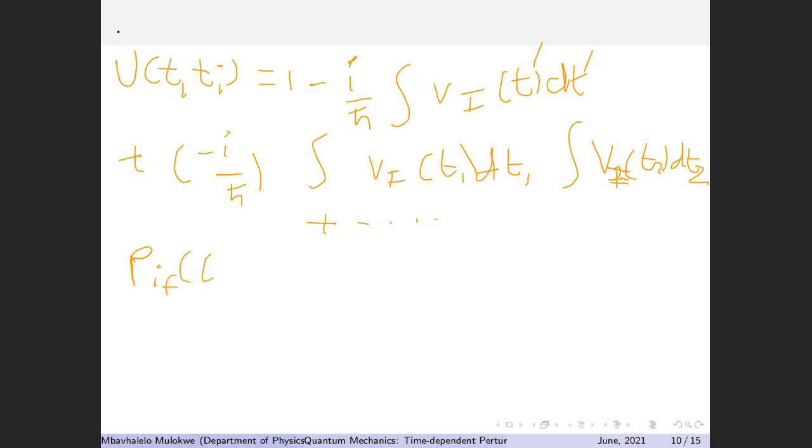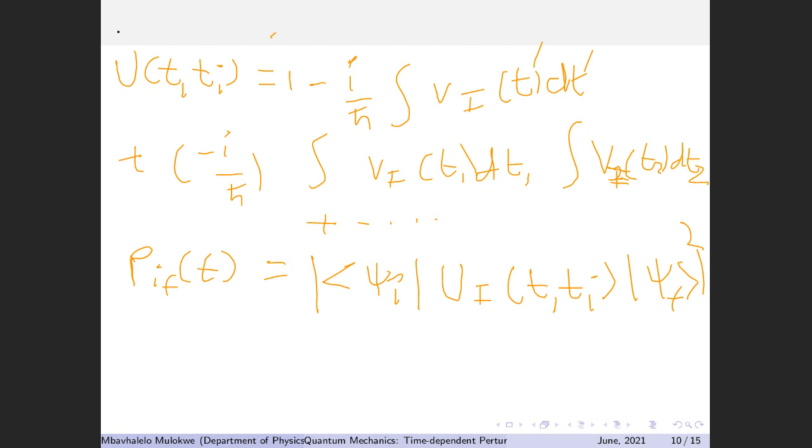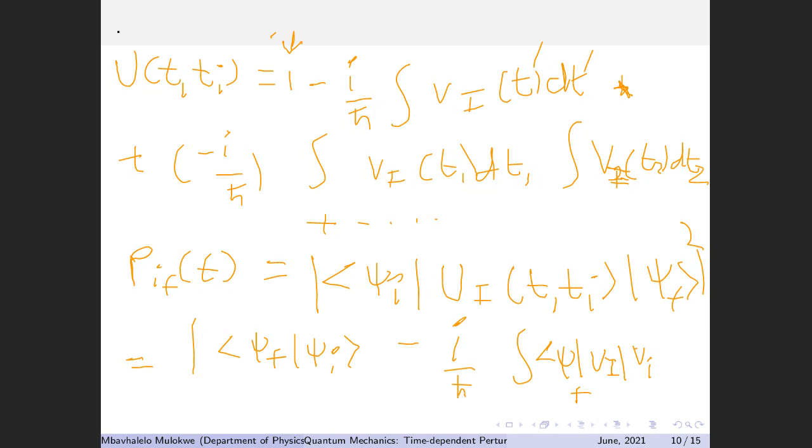So the transition probability from i to f is just the modulus of psi_i, then you insert this evolution operator, psi_f, squared. And then you make use of the series that you got. So you get <psi_f|psi_initial> minus i over h bar <psi_f|V_I|psi_initial>.